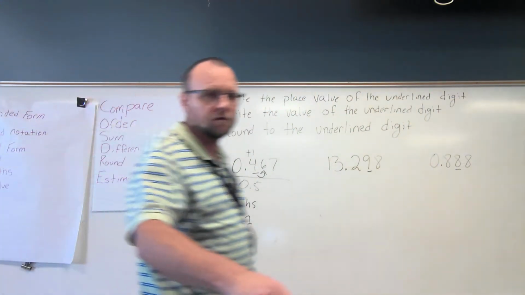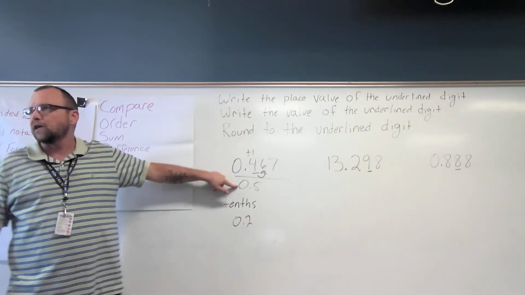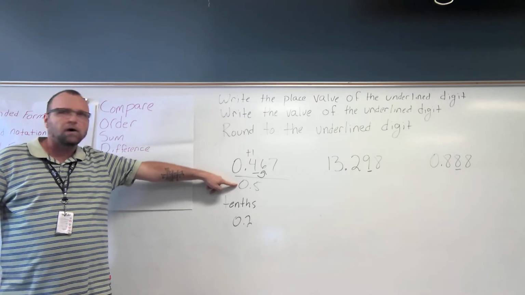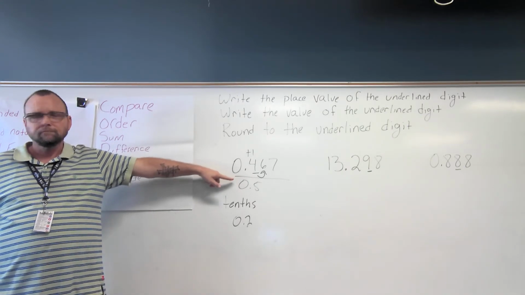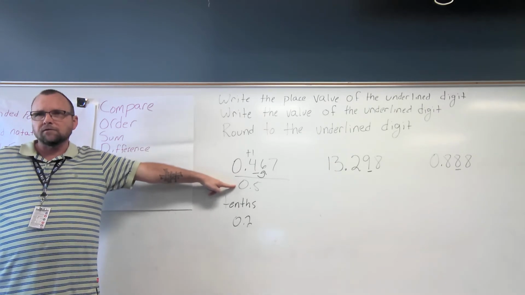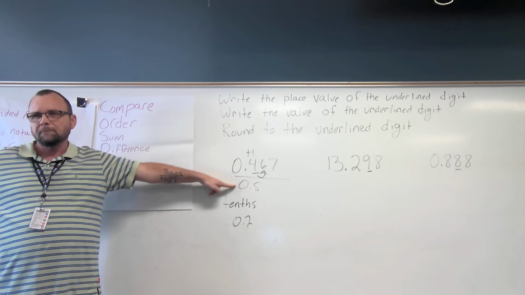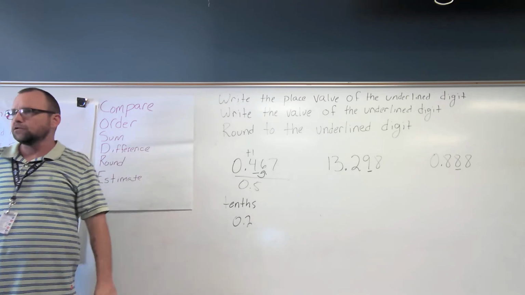Let's ask one more question about this because it's entertaining to me. Sushana, is 0 and 5 tenths less than, greater than, or equal to a half? Good, it's equal to a half. 0.5 is equal to a half.